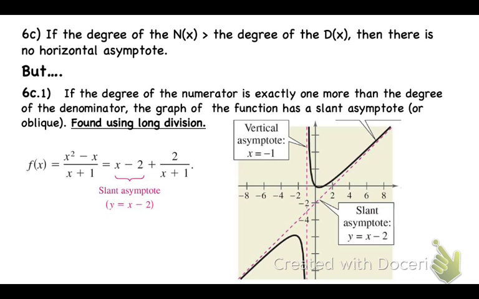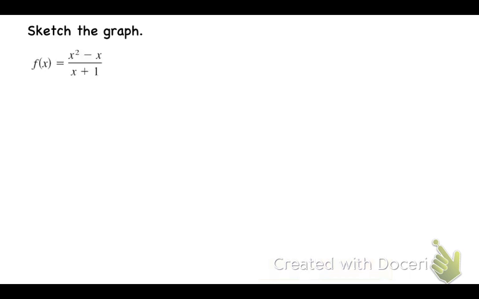So see this graph. The graph comes down and it just goes along that slant asymptote. Everything else is the same. Slant is like a horizontal. It only affects -infinity and positive infinity. Does it affect anything in the middle if there's middle chunks? No. Okay. So we are going to sketch f of x equals x squared minus x over x plus 1.